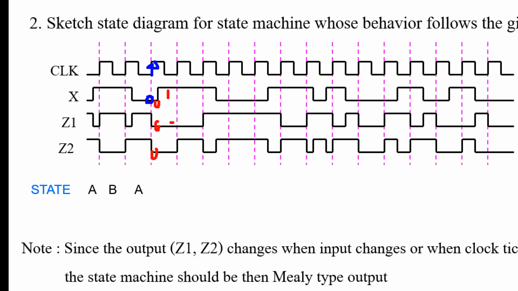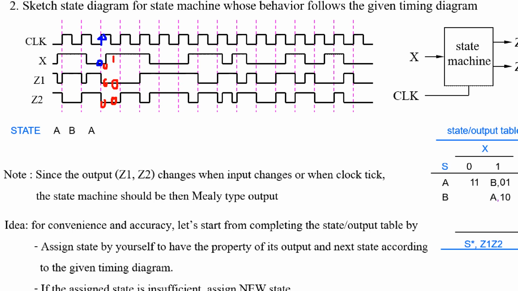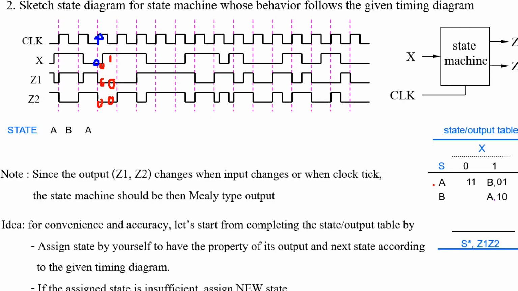When x is 1, output is 0, 0. The state that output is 0, 0. Up to now, there is none, right? So you define a new state: A, B, so C. State C. Output is 0, 0 when x is 0 and when x is 1.